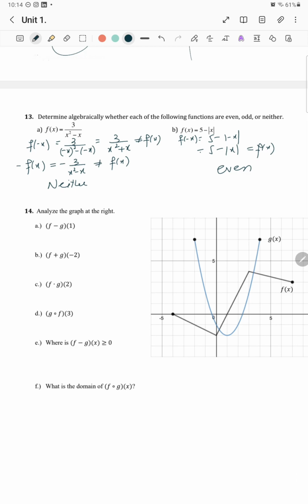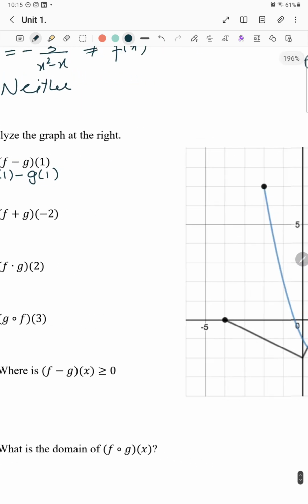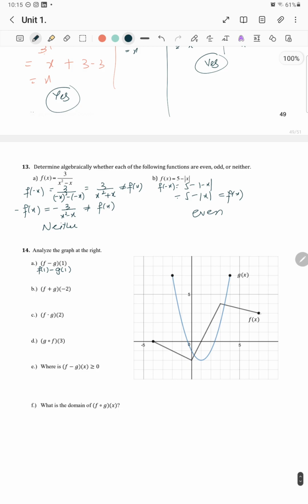F minus g of 1 means f of 1 minus g of 1. This is the function, and f of 1 is 0. G of 1 is minus 2.